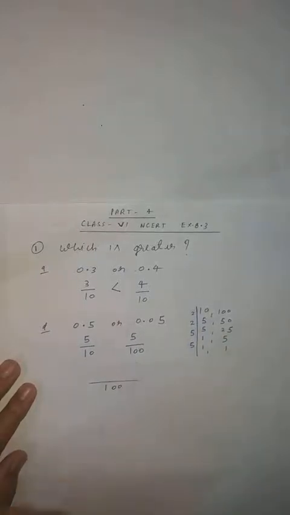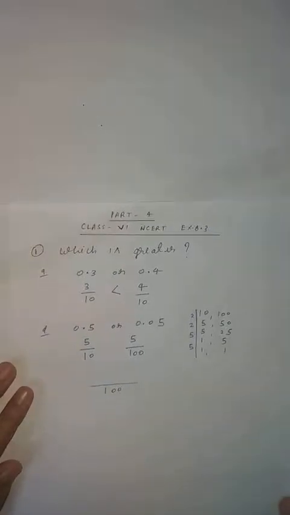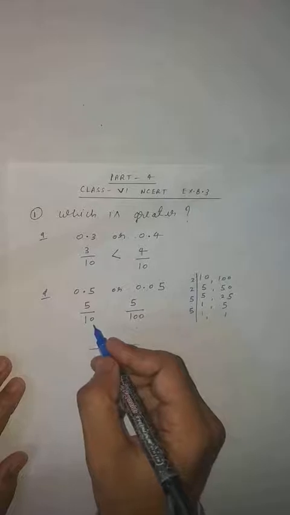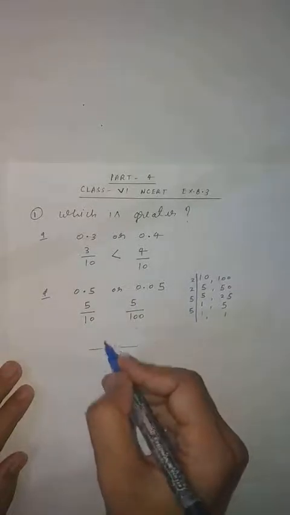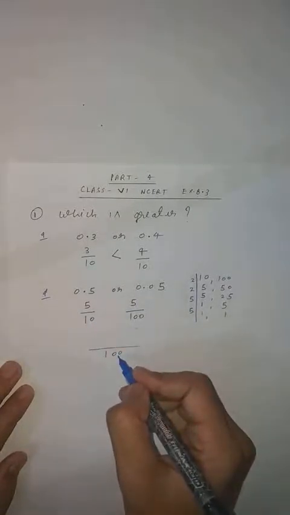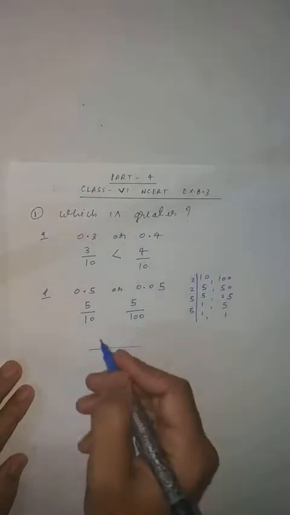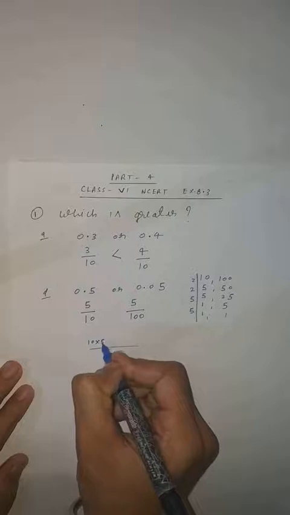So write down 100. Now what do you have to do, student? The LCM is 100. Now you have to divide this denominator into it. So 100 divided by 10 gives what? It gives 10. Now 10 multiplied by the numerator, this number.